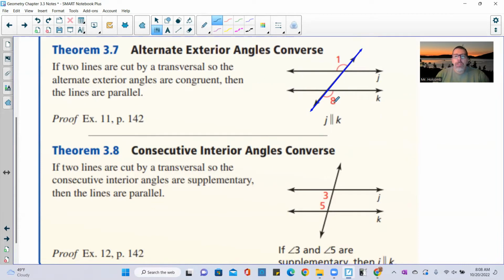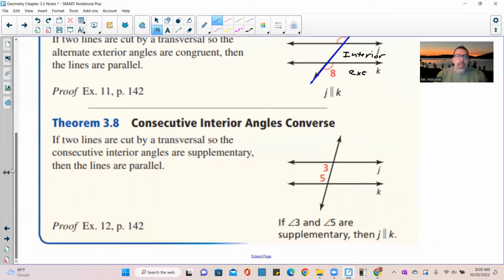That makes them alternate exterior. This is the interior of two lines, and the exterior is outside. Okay, so if two lines are cut by a transversal, so the alternate exterior angles are congruent, then the lines are parallel. So if angle 1 is congruent to angle 8, then J is parallel to K.